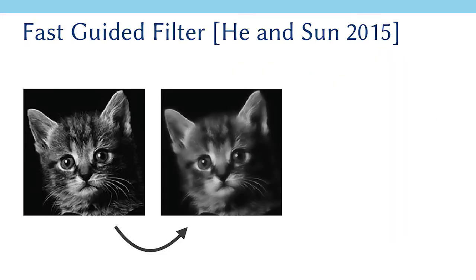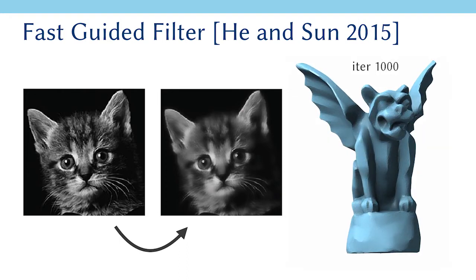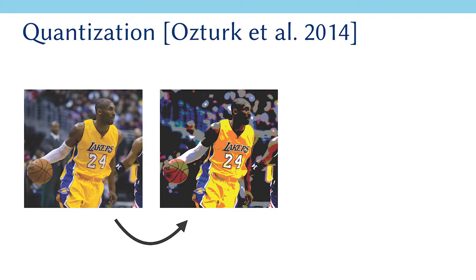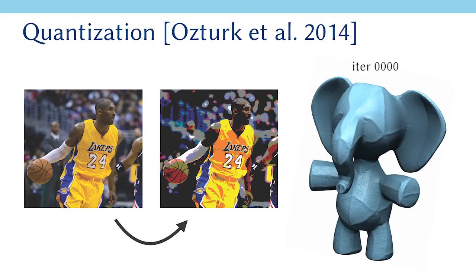In this experiment, we apply the fast guided filter, which is an edge-preserving smoothing filter, to achieve the same effect on 3D shapes. The next experiment is the image quantization, which compresses an image with only a few colors. After applying this to 3D, we can see that the surface patches only have a few predefined orientations.